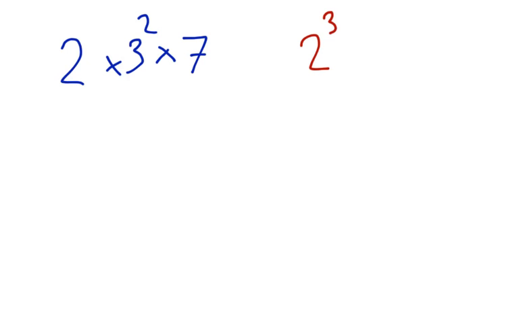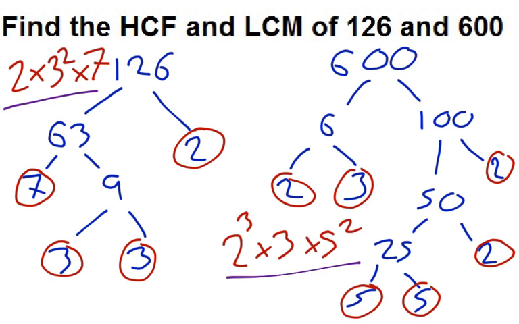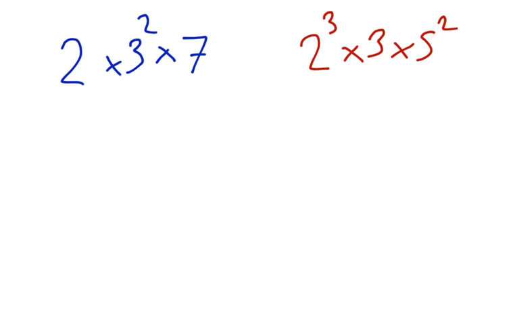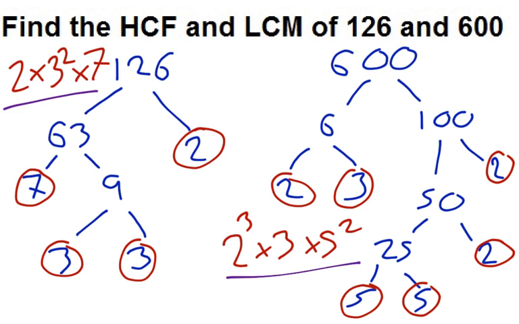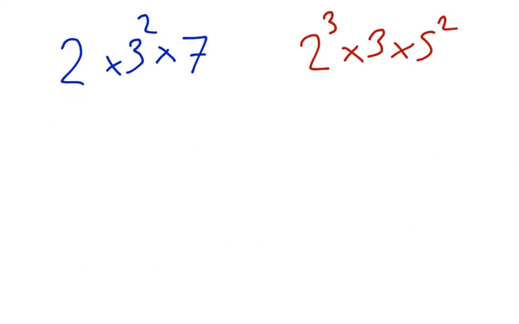So just take a jot down of our two numbers we're using: 2 times 3 squared times 7 and 2 cubed times 3 times 5 squared. Let's just check those.